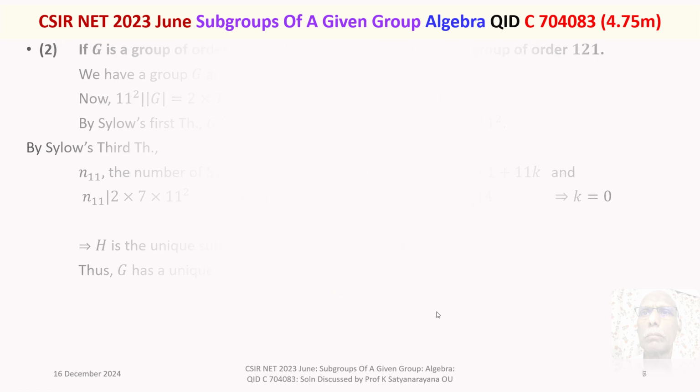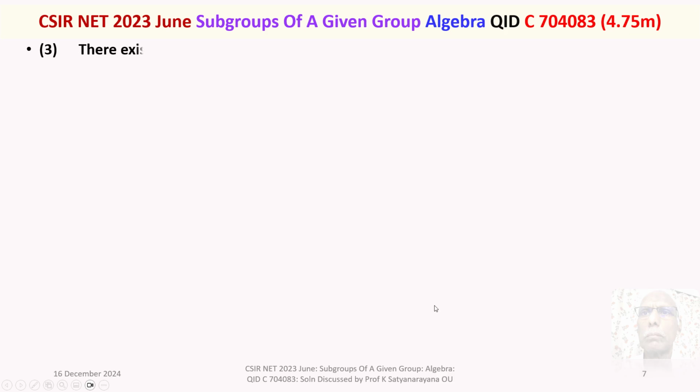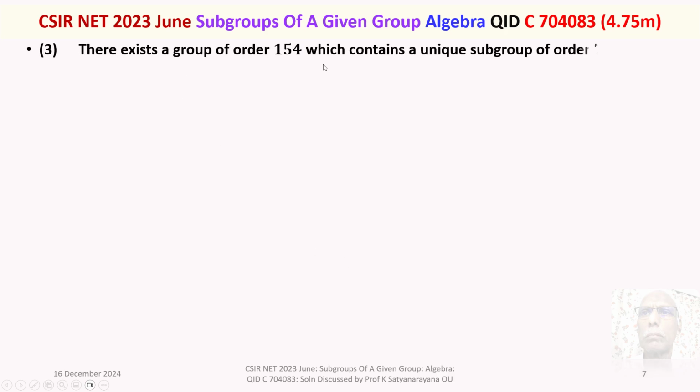We move to option 3. There exists a group of order 154 which contains a unique subgroup of order 7. So in this, you have to show the existence of a group of order 154 which has a unique subgroup of order 7. Right.